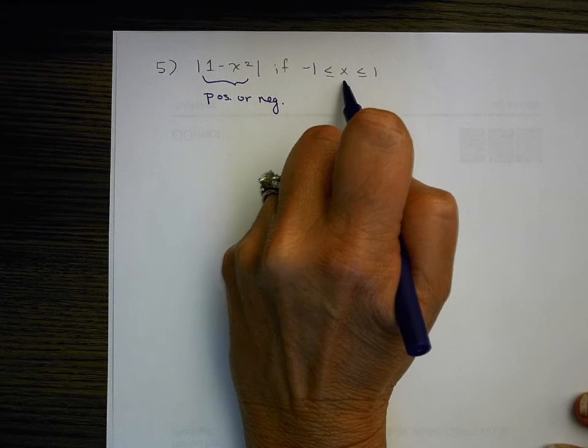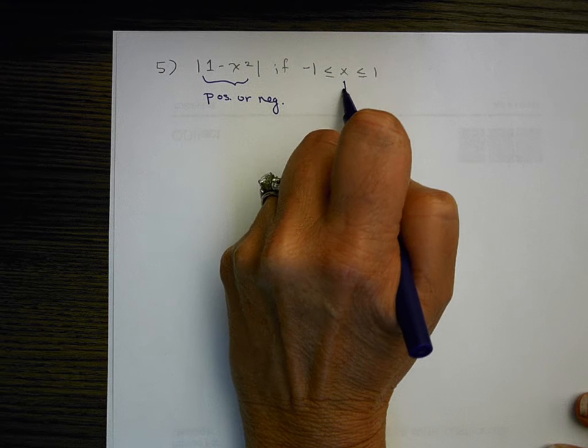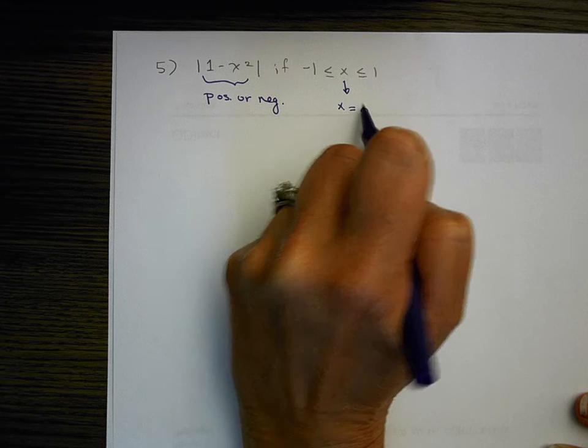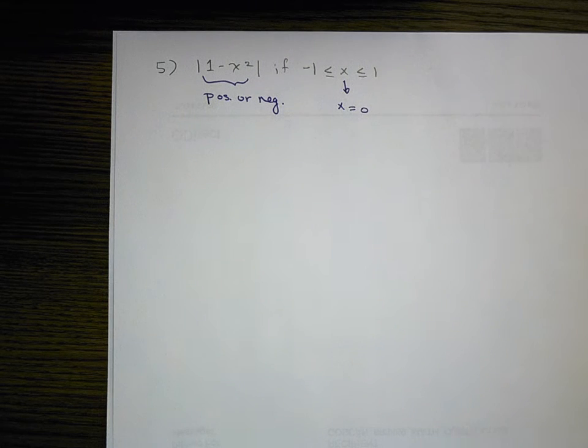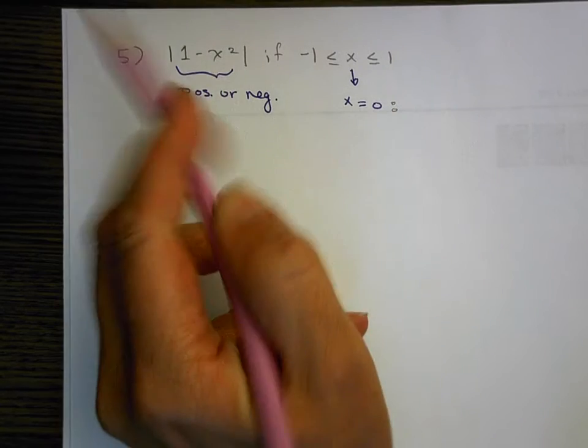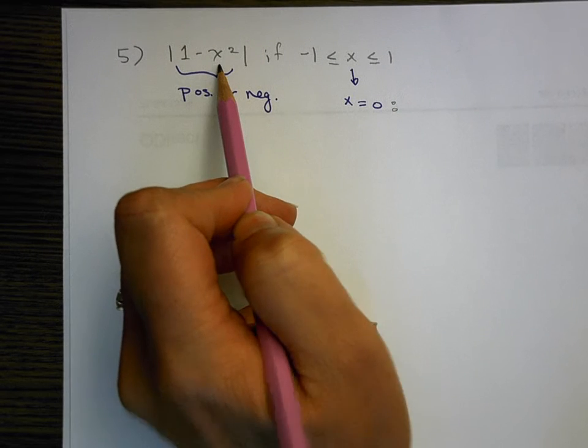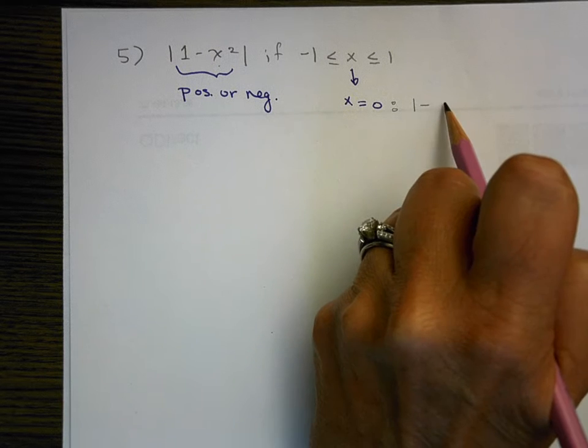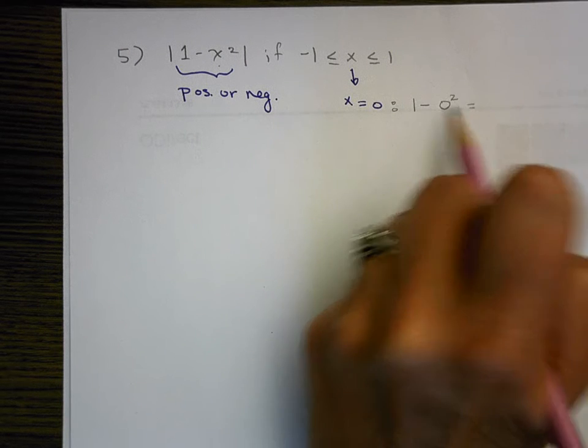I'm just going to pick a number somewhere between 1 and negative 1, so let's say we choose x is equal to 0. Just off to the side here, I'm going to replace that x with 0. I would have 1 minus 0 squared, and so that would be 1 minus 0, or 1.